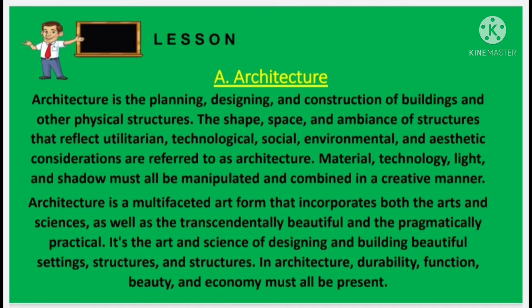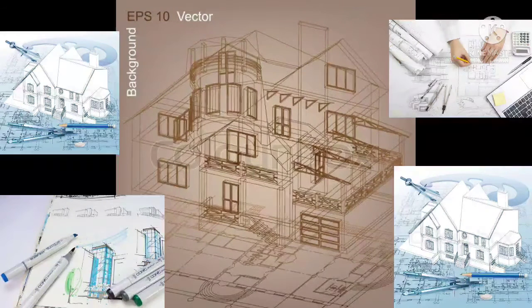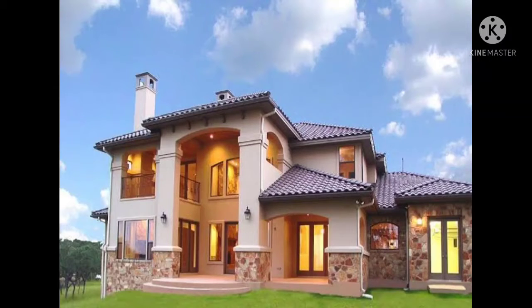Architecture has to be a perfect blend of durability, usability, beauty, and economy. Now, this is an example, this picture that you see. When we look at this picture, what do we notice? Of course, in the definition of architecture, through this picture, we can define what is architecture.